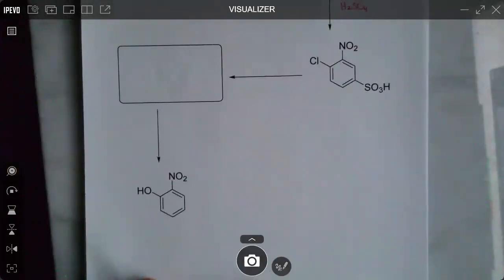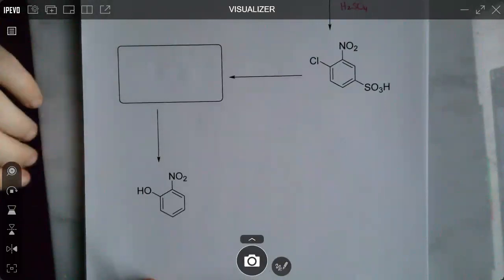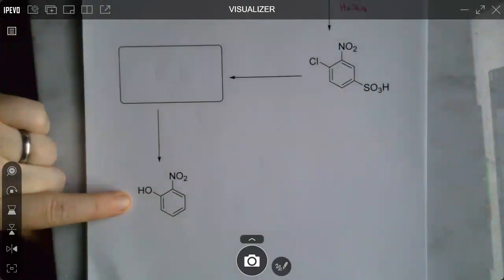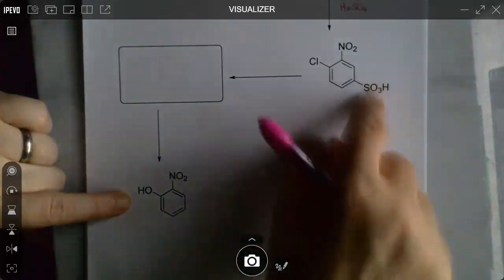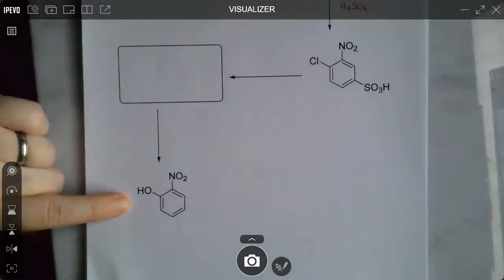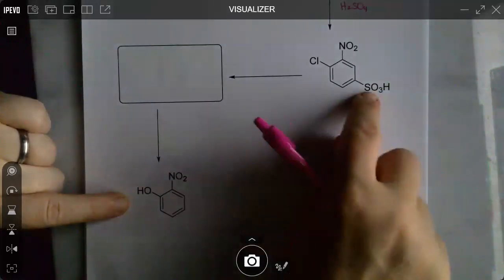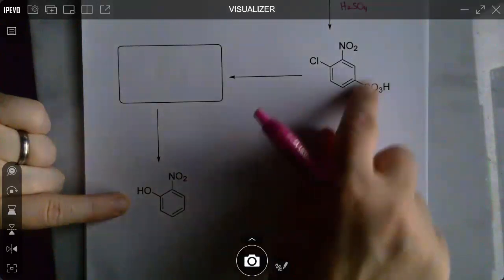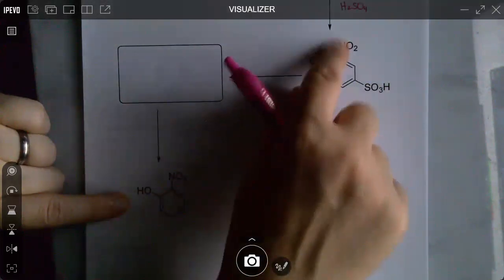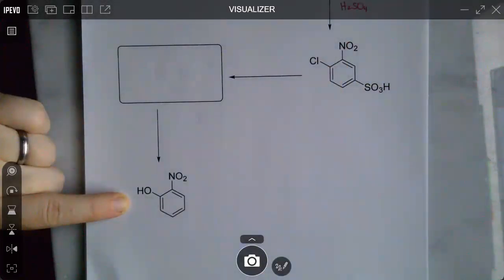The next part of the synthesis, we want to replace the chlorine with an OH group to make a phenol and remove the blocking group. So we can think about which order we might want to do that. At this point, this is a good deactivator, so it's great to have in place for the nucleophilic aromatic substitution reaction.